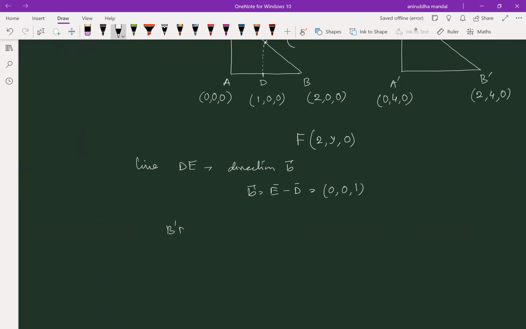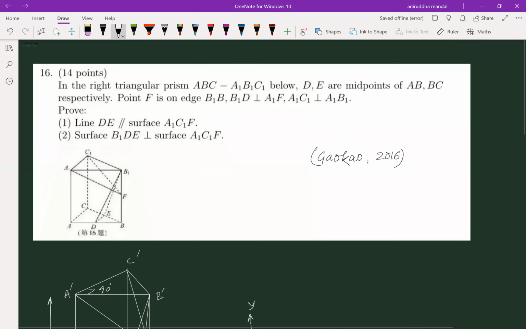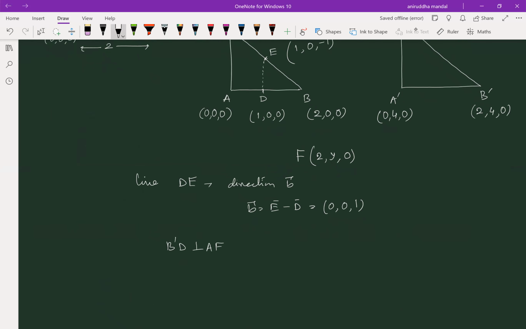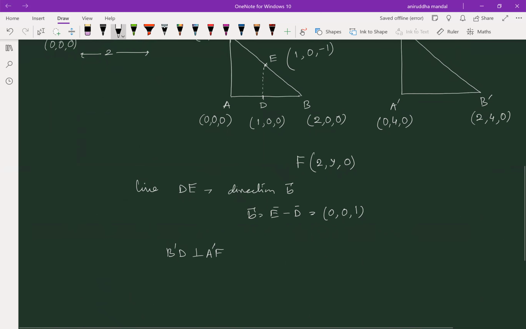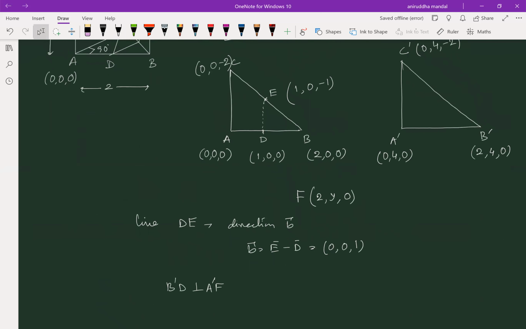So B dash D is perpendicular to A dash F. B dash D means D vector minus B dash vector. D vector is 1 0 0 minus this B dash vector, which is 2 4 0.